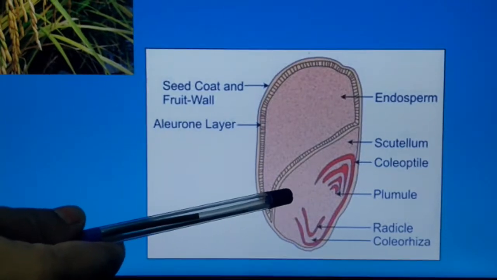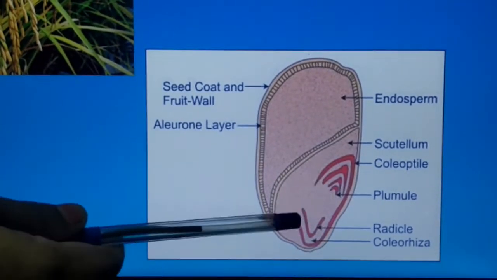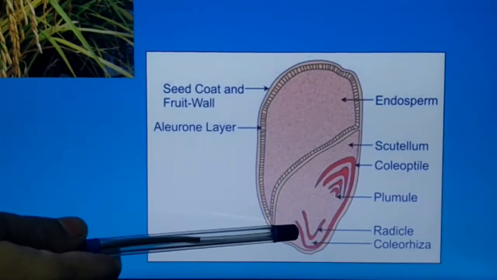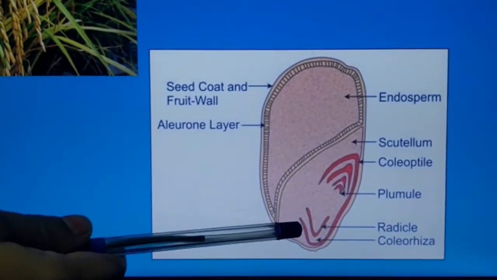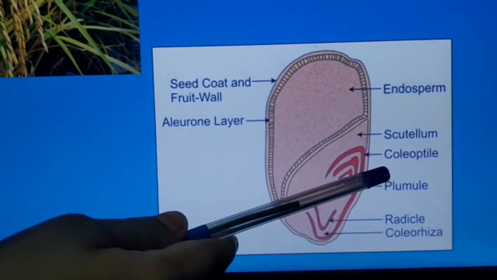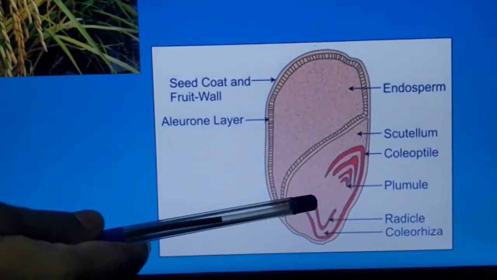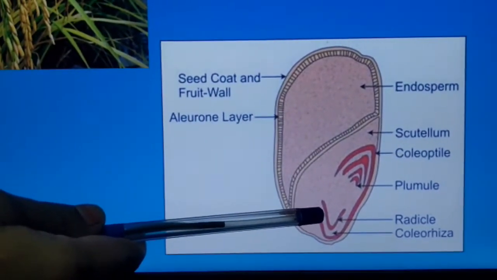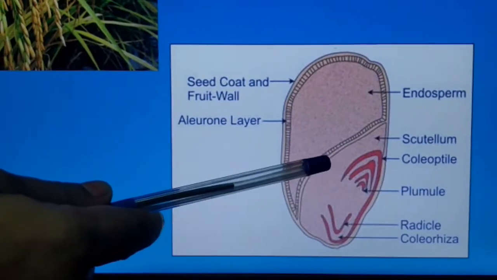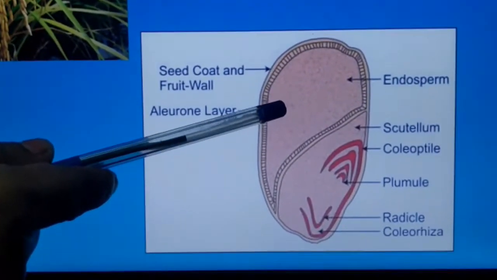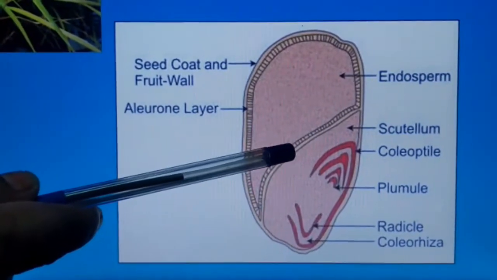A short axis with a plumule and a radicle is present, and the radicle is protected by a root cap. The plumule is surrounded by a protective sheath called the coleoptile, whereas the radicle is surrounded by a protective sheath called the coleorhiza. The scutellum absorbs food materials from the endosperm with the help of the epithelium.